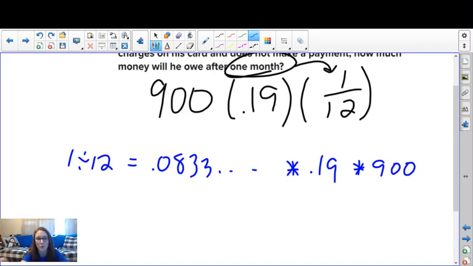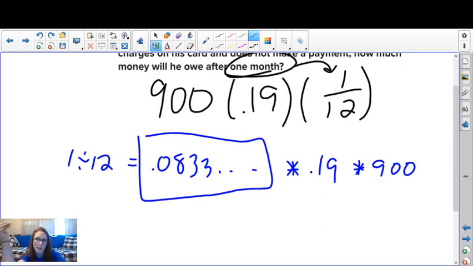The reason is that since this repeats, you don't want to cut it too soon, because you won't get the correct numbers.